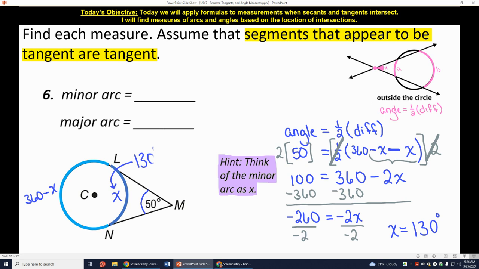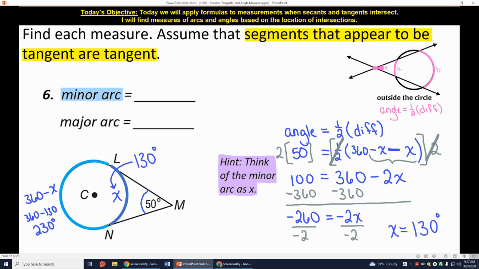I'm going to add that to my picture. I can use that to find the outside arc, which is 360 minus the inside arc 130, so that outside arc is 230 degrees.